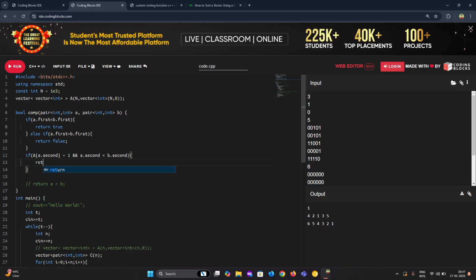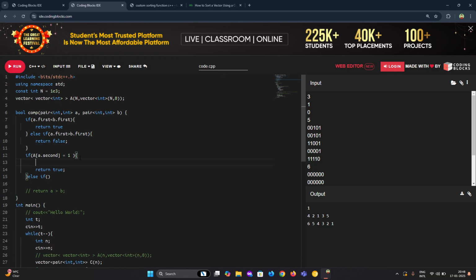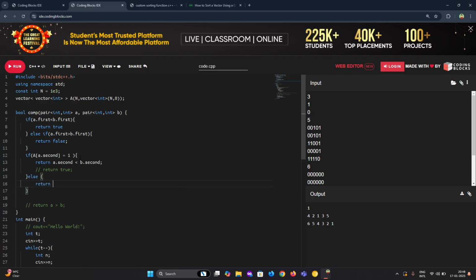Then we return true, else if we don't have an edge, and then we return, right.